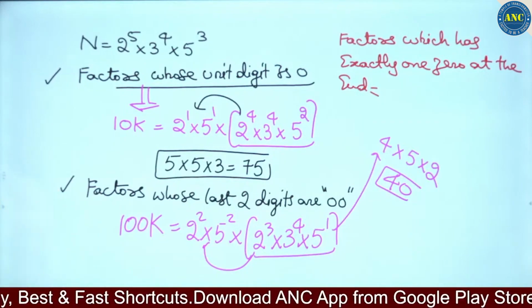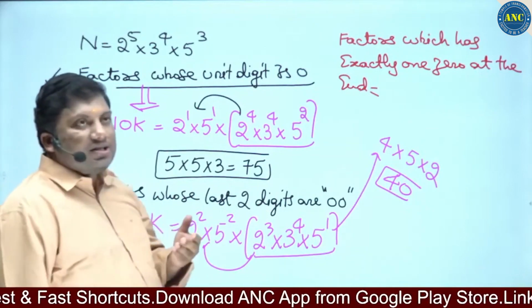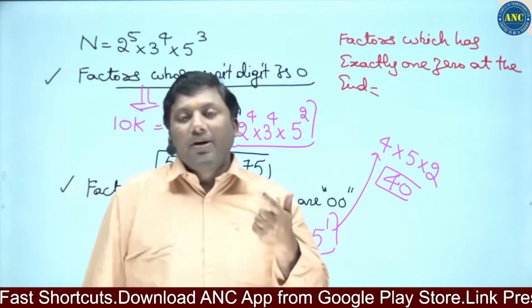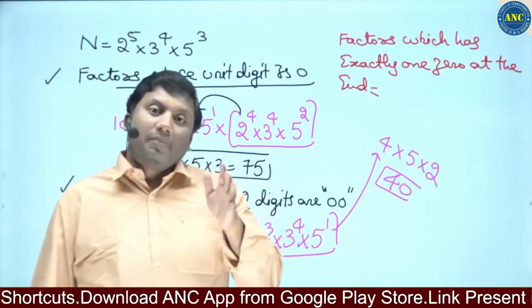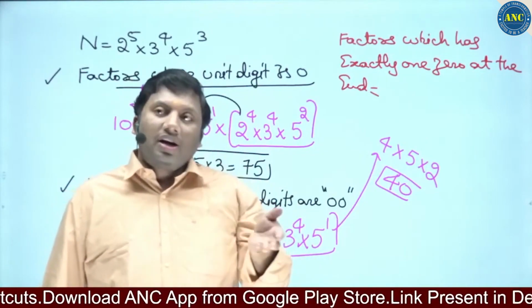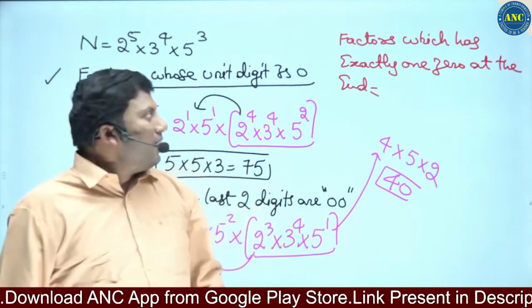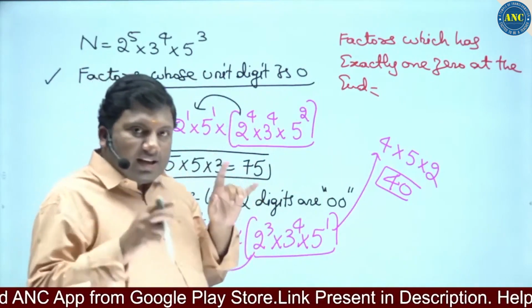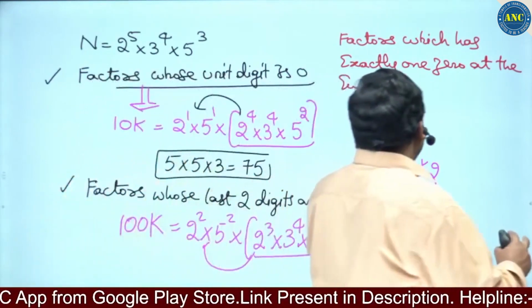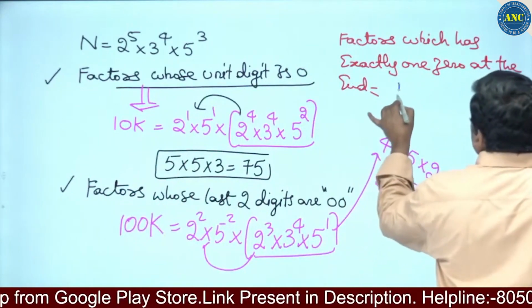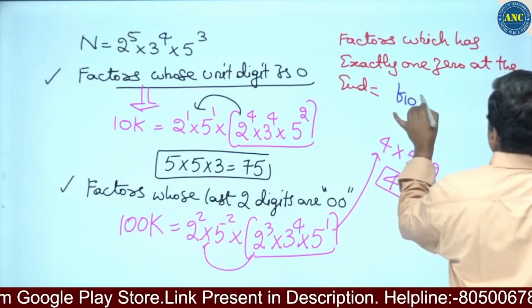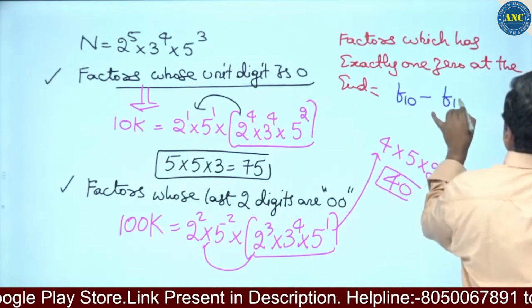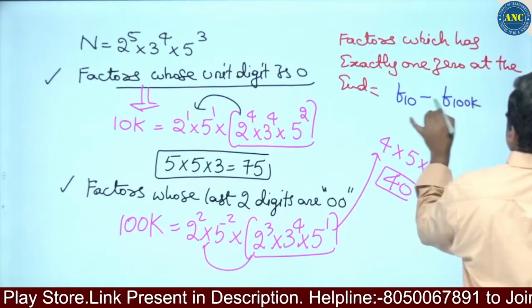Factors whose unit digit is 0. If one digit is 0, it can be 10, 20, 30, 100, 200, 1000 and so on. But I want exactly one 0. That means factors which are multiples of 10, then subtract the factors which are multiples of 100.